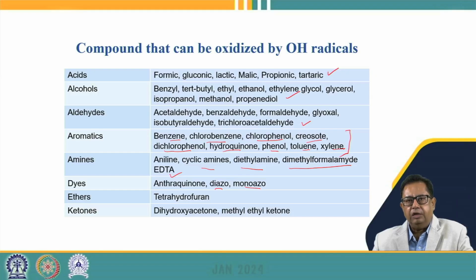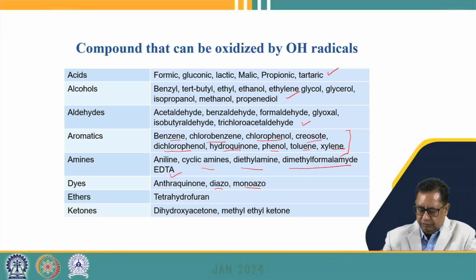They also impart a lot of color to the receiving water, and they are highly toxic to aquatic life. So it is necessary that we first degrade these dyes, and only then can we release an effluent which is colorless and non-toxic to the water stream.